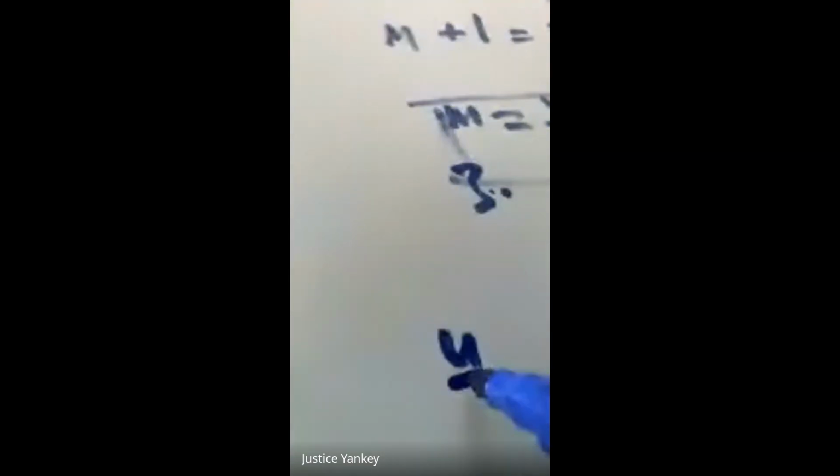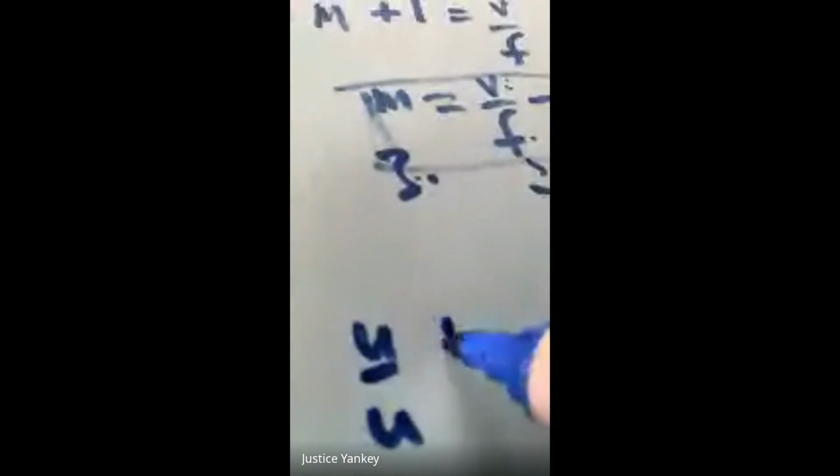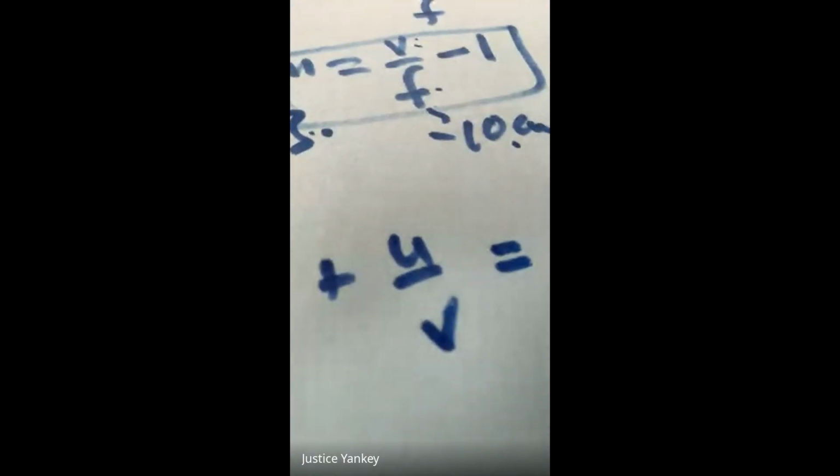As I said, you can multiply through by u and get another form of it. If you do so, you are going to have u over u plus u over v equals u over f. U over u is 1.